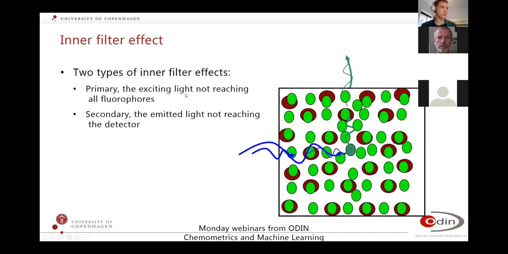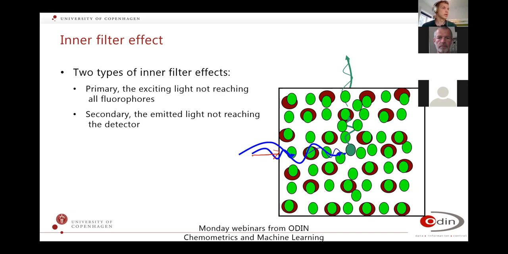You have what you say is primary, and that's when the light is coming into the system, some of the light will not be able to reach the fluorophore, if we indicate that as the darker green here in the middle. On the way, it will be absorbed by any other molecule on its way, and this is called the inner filter effect, because not all the molecules that you have in the system will have the same probability of being excited.